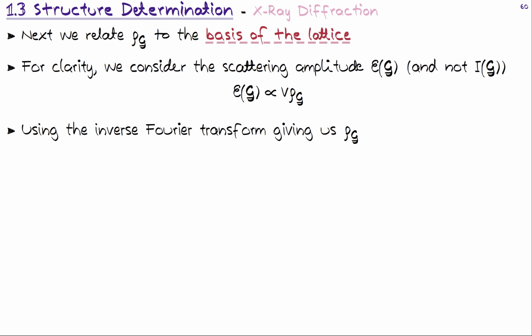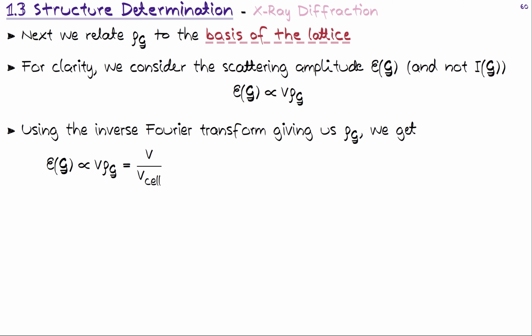And now we can perform an inverse Fourier transform, and this will give us the Fourier coefficient rho G. When we place that into our proportionality above, we get a condition that the scattered field is proportional to V times rho G, and now we place inside of the rho G the definition of how we calculate the Fourier coefficient, and we are left with V divided by V cell.